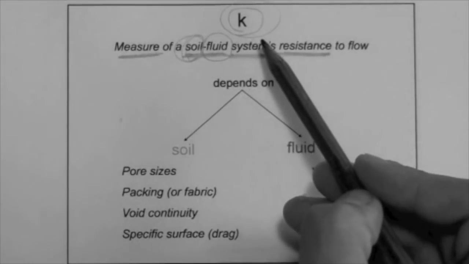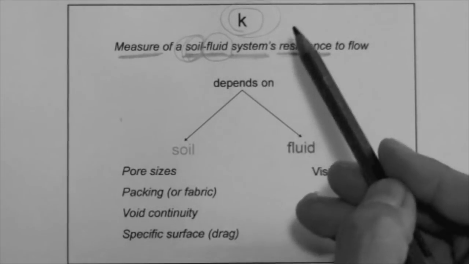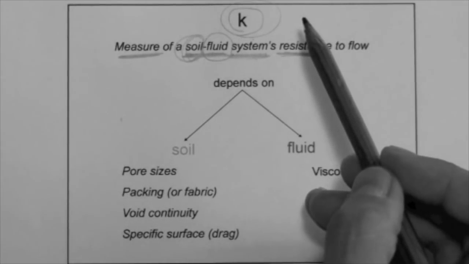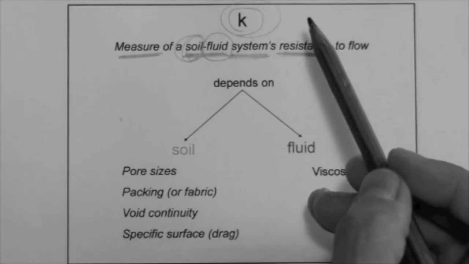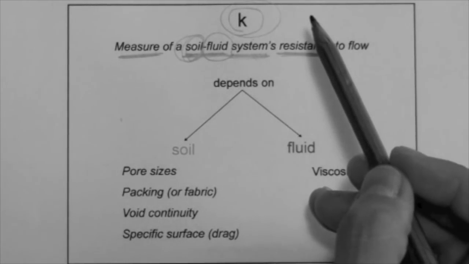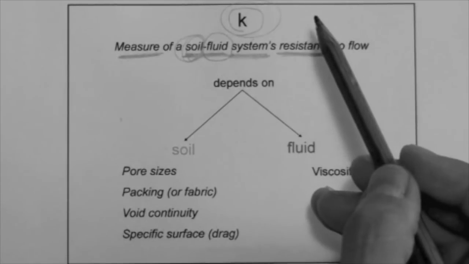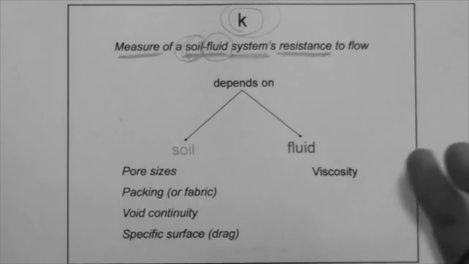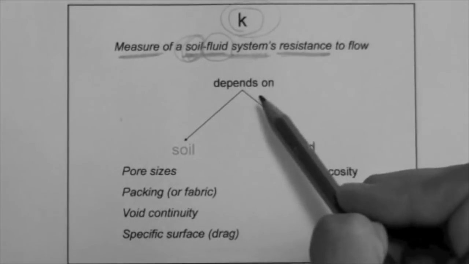For lack of a better example, because I don't know if you have seen petroleum, which is a very common material that flows through soil. But I don't know if you have actually seen petroleum, but I know that you have probably seen honey.